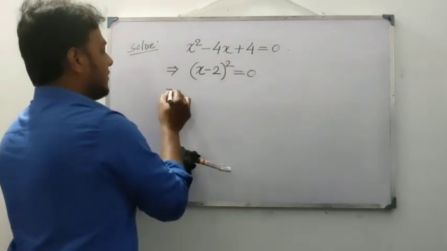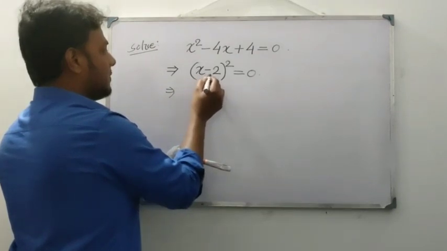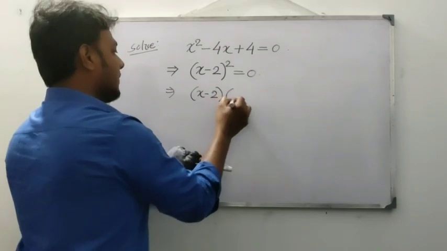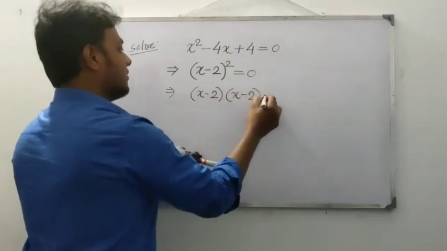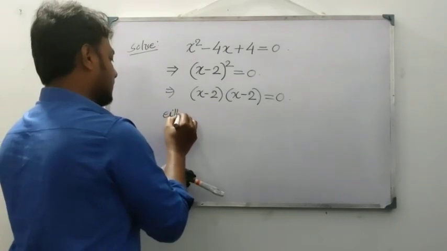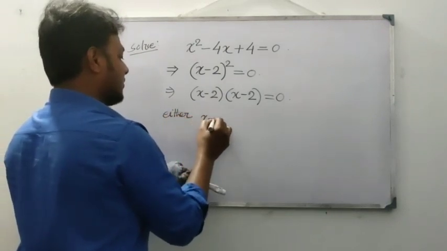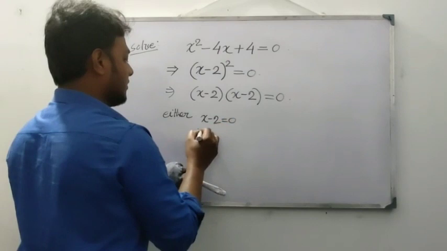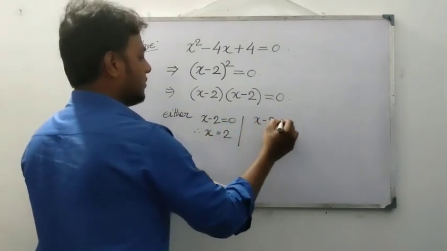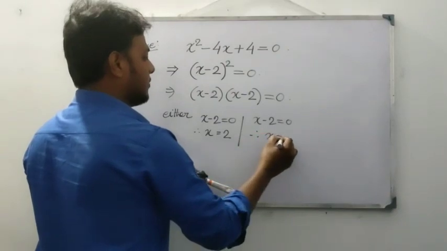What is the meaning of x minus 2 whole square? It means x minus 2 into x minus 2 equals 0. So either x minus 2 equals 0, meaning x equals 2, and for the second one x minus 2 equals 0, meaning again x equals 2.